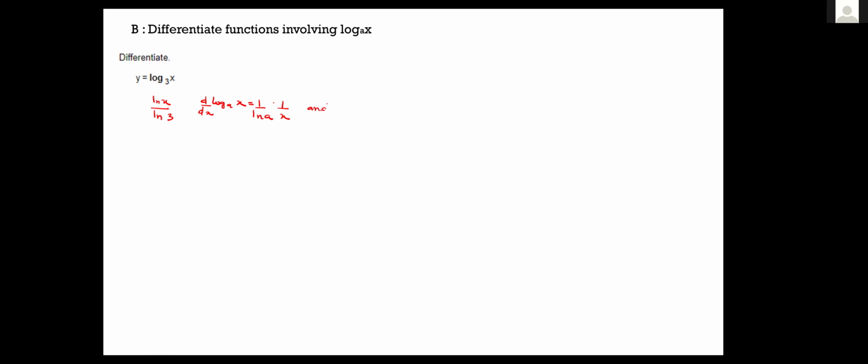And then also d/dx of a to the x is ln a times a to the x. So in this case, we have y equals 1 over ln 3 times 1 over x. And so we have 1 over x ln 3.